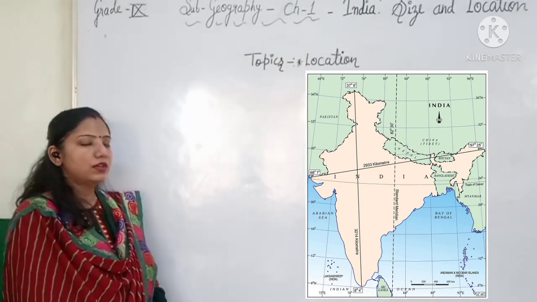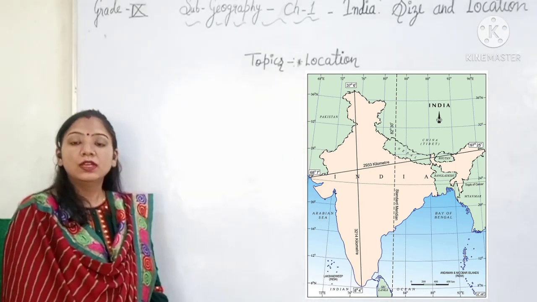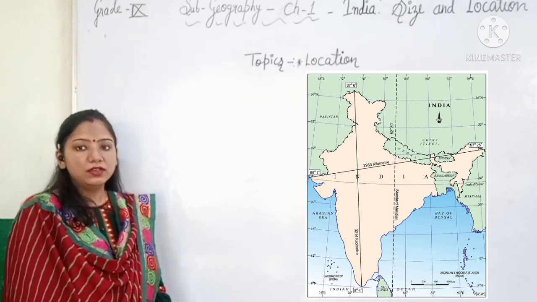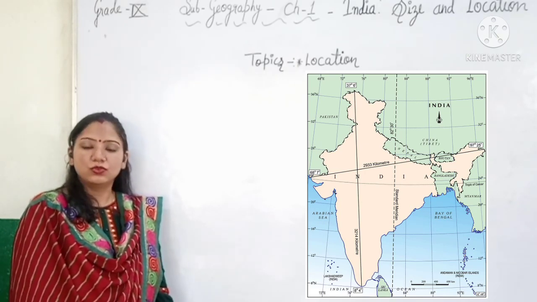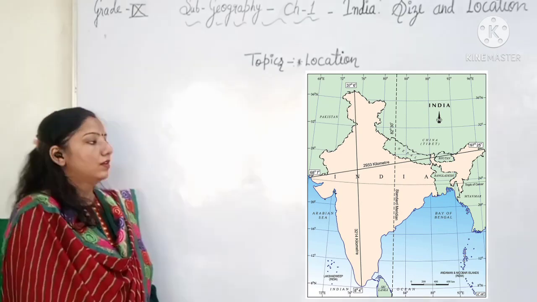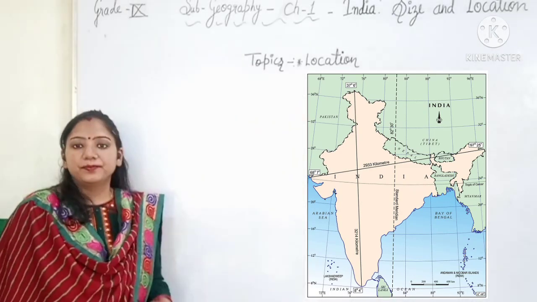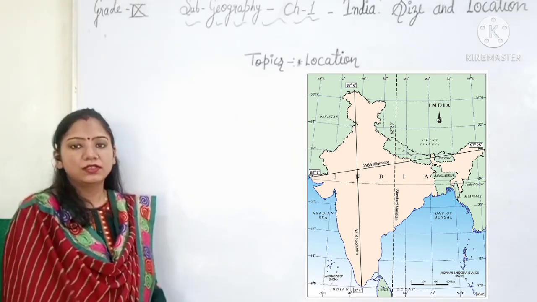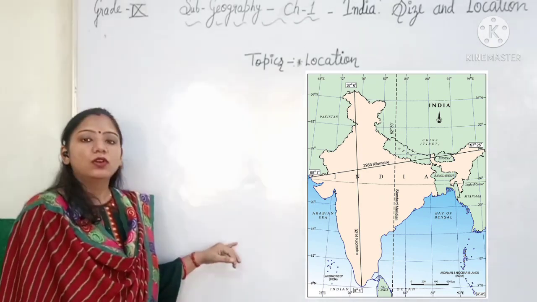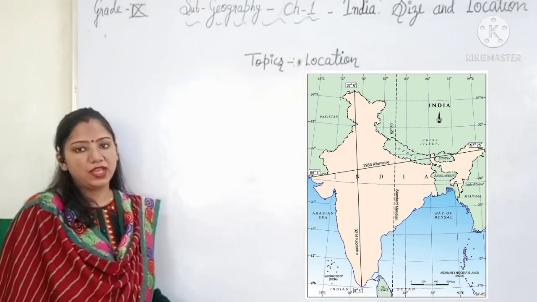But if you see the location of our country on the globe, as we know, our earth is divided equally into two hemispheres through the equator line. So, through the equator line, it is divided into the northern hemisphere and the southern hemisphere.